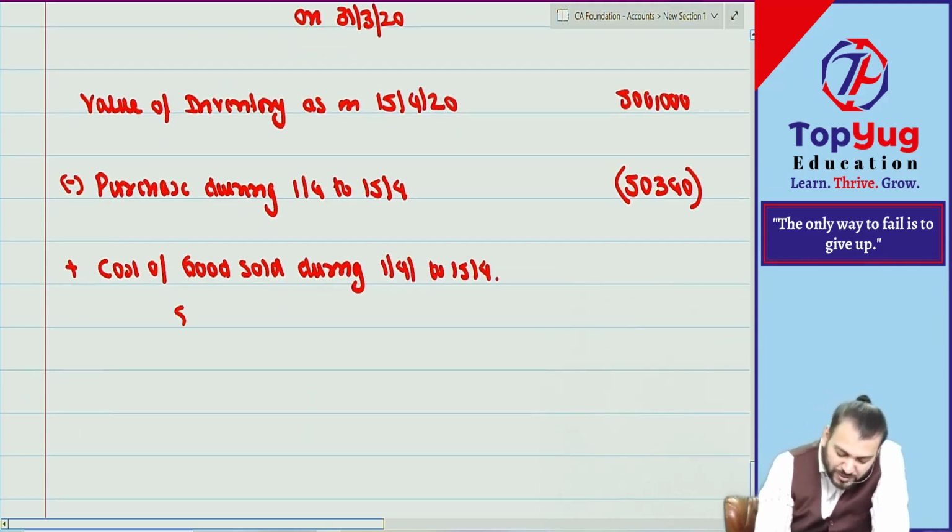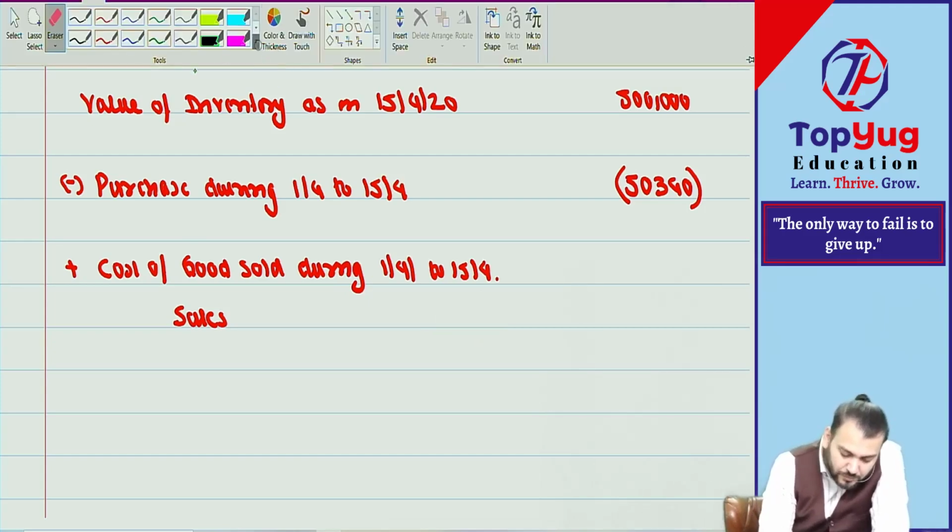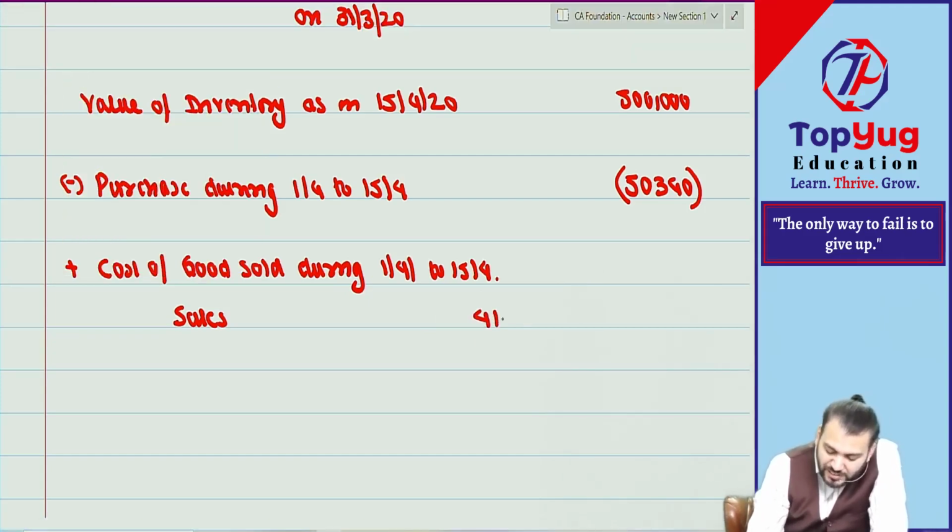Tell me, how much sales? 4 lakh 10,000. And how much sales return? So from this we should deduct sales return. It is how much? 10,000.